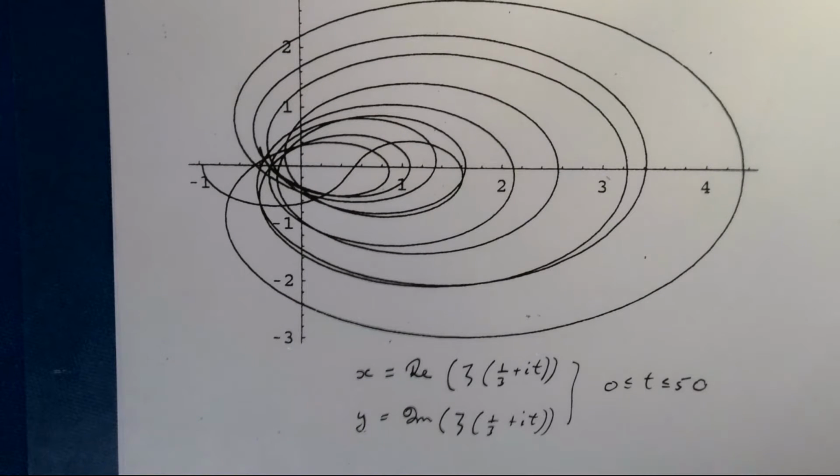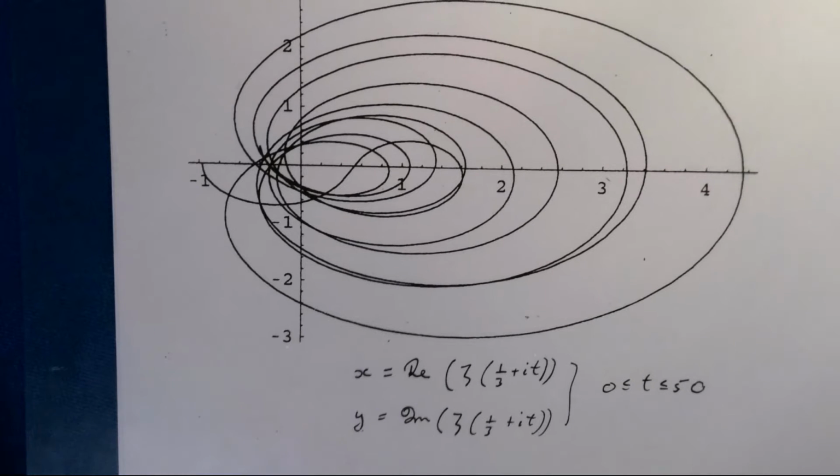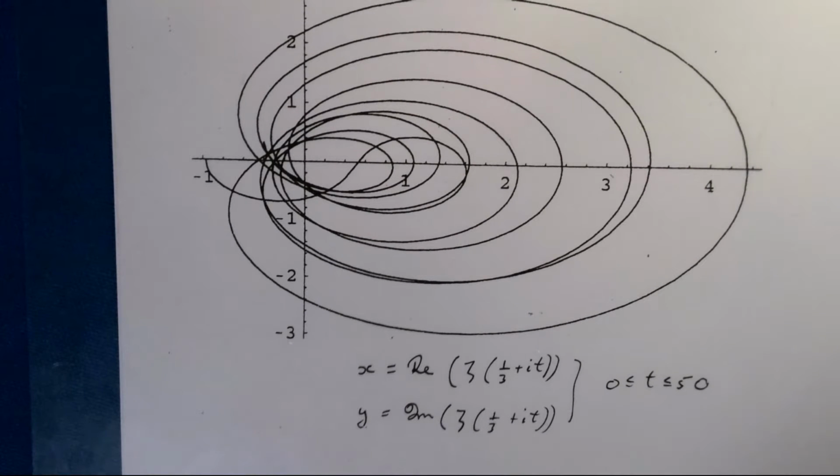It may be that if you go far enough up that line, s is a half plus it, for extremely large t, there may be zeros hiding there. The answer is we just don't know at the moment. We hope not, because as we'll see a bit later, the Riemann hypothesis has lots of important implications for the distribution of prime numbers.